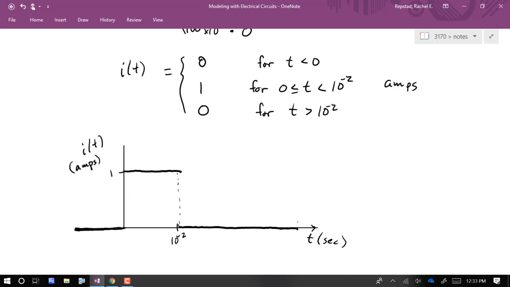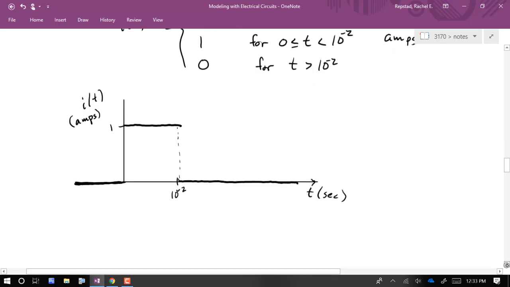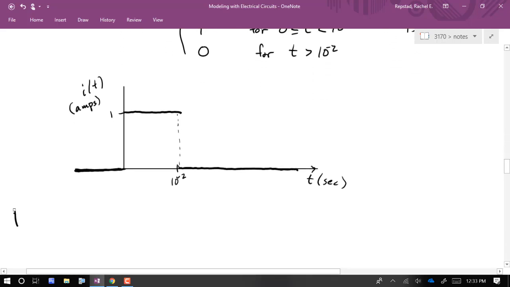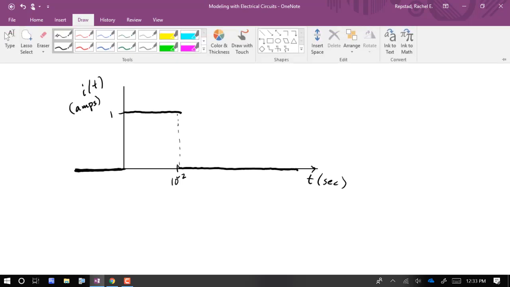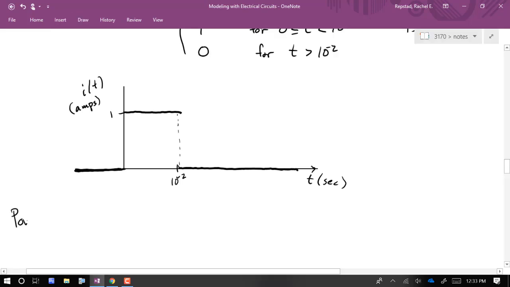So now we were given voltage, we found current, and we also want to find power. Knowing voltage and current, we can find power by taking the equation P equals V times I, voltage times current.